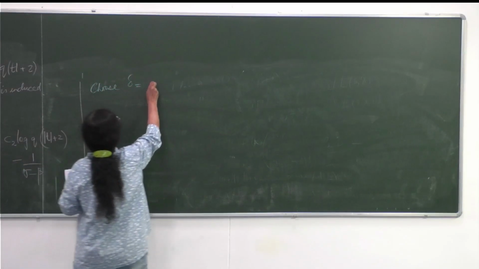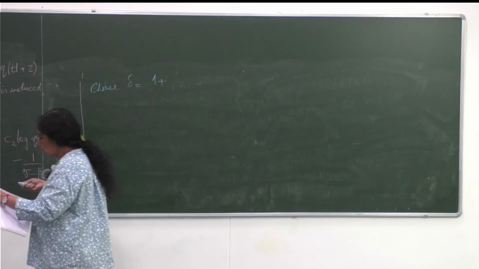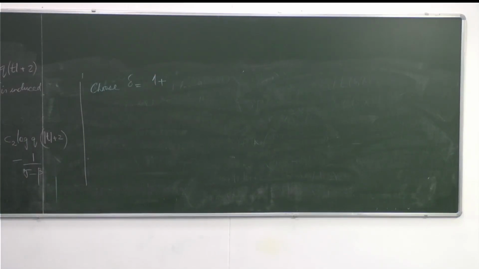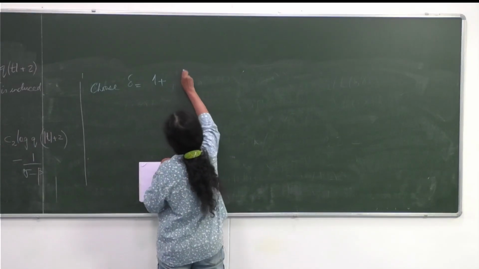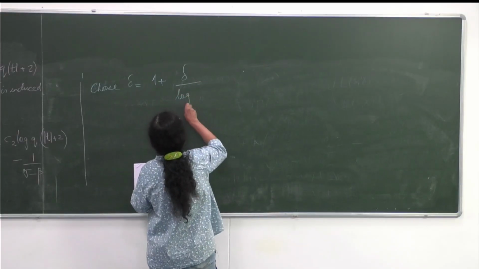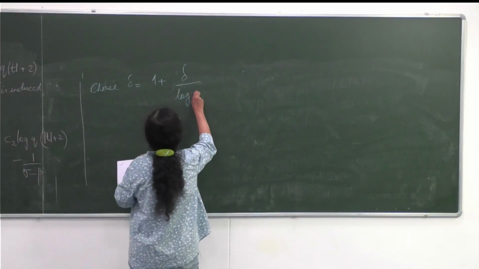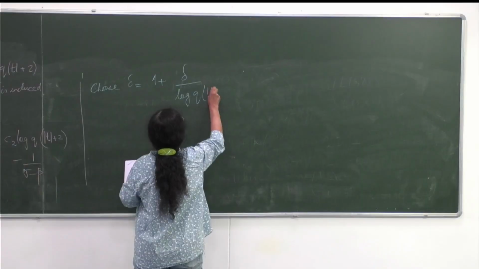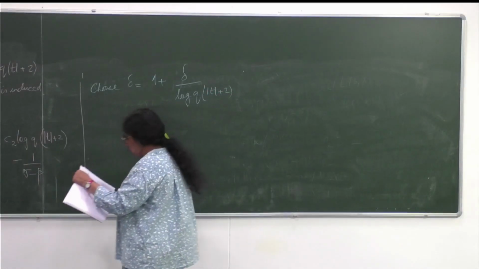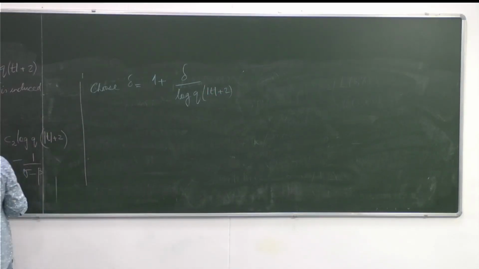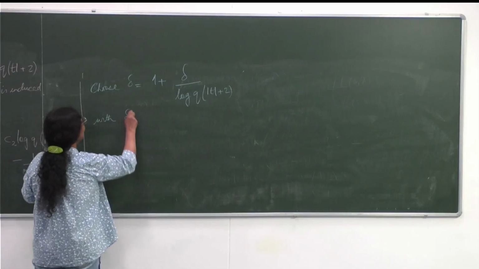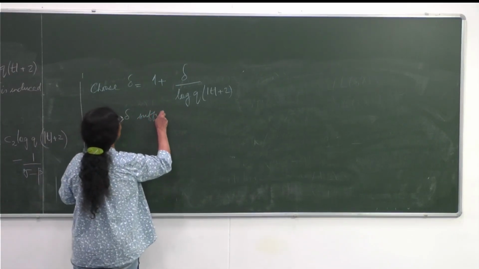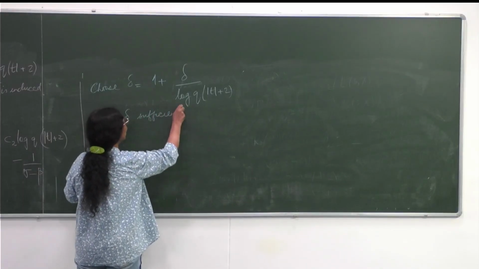1 plus. And then what would be a natural choice? Natural choice would be this log Q business, right? So some delta over log Q(T plus 2). And delta should be small but positive, sufficiently small, and that's up to you to make it small.